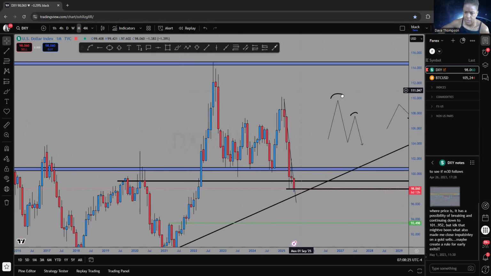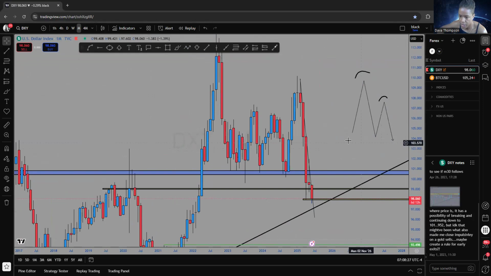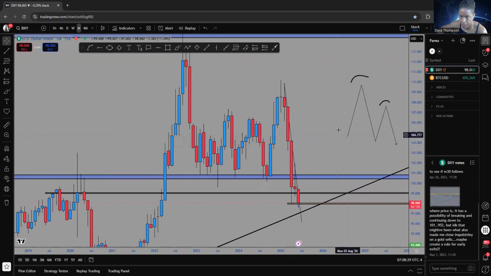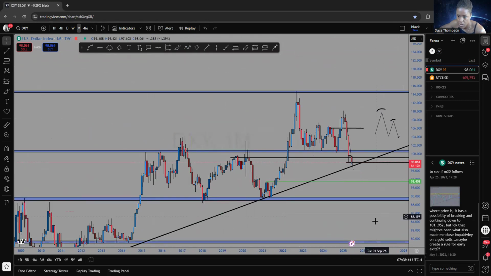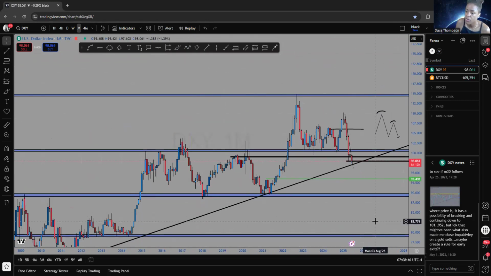So this situation right here on the monthly time frame, I would have to say the current monthly flow is bearish. The current structure is bullish, however, so technically this is a counter trend within itself.